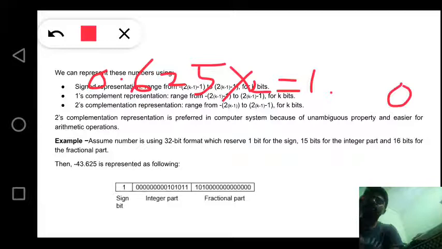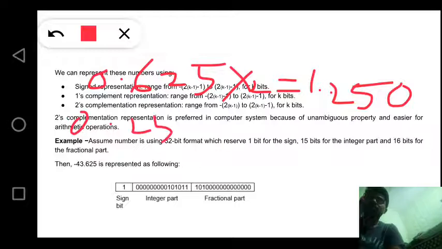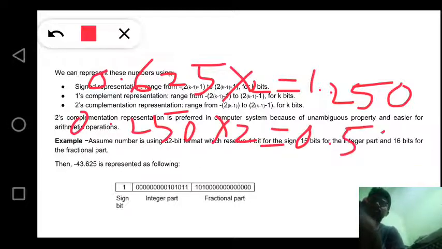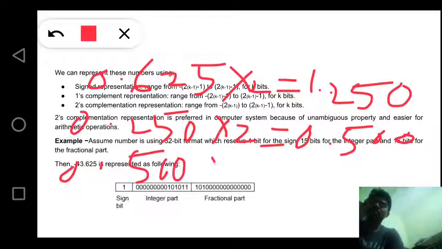Take the fractional part 0.25, multiply with 2, 0.500. Take 0.500, multiply with 2, you will get 1.0.